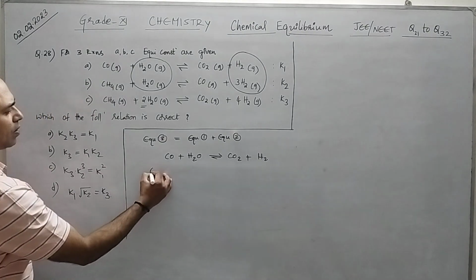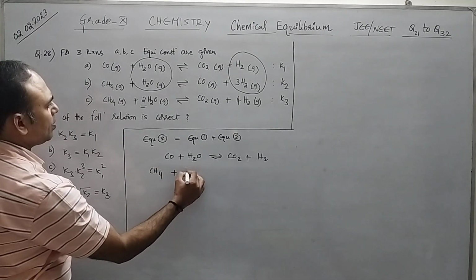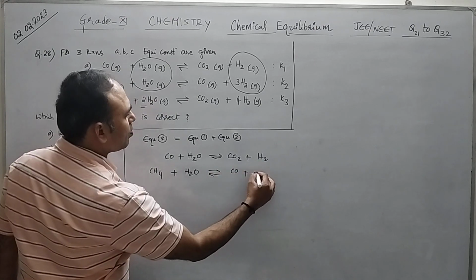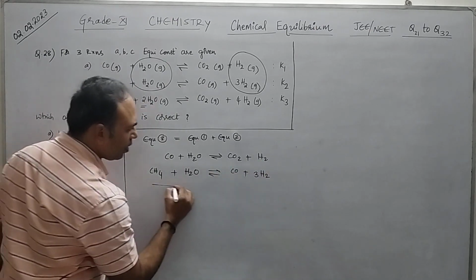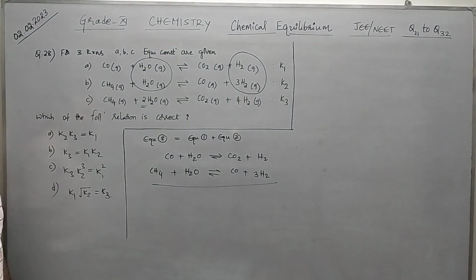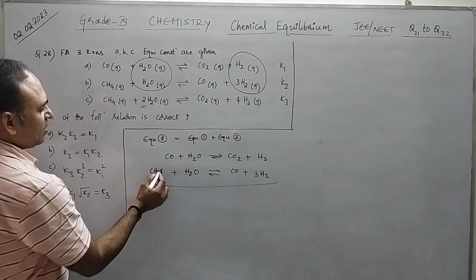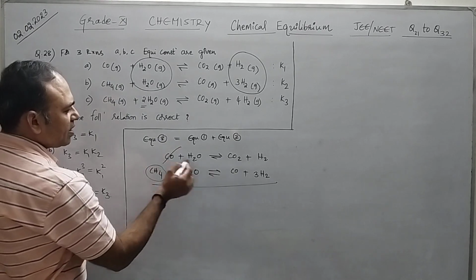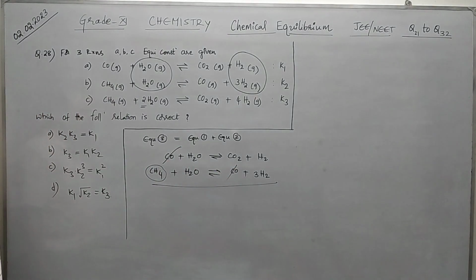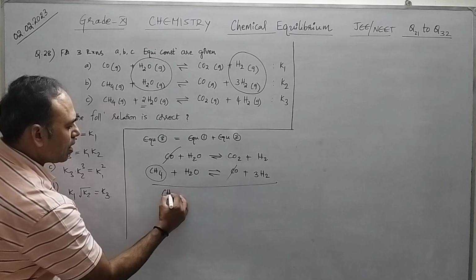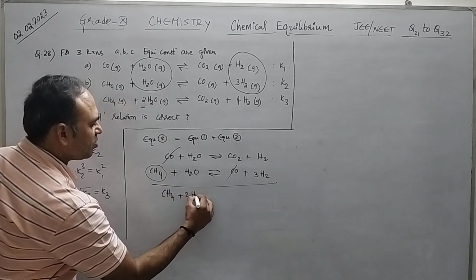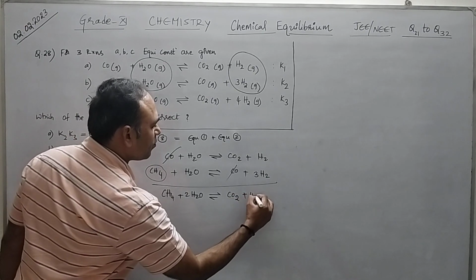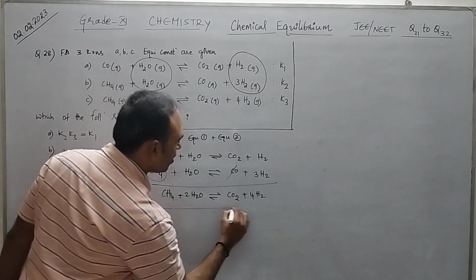Second one, CH4 plus H2O gives CO plus 3H2. Let us see if we get the same or not. What is required? CH4, circle that, then CO and CO get cancelled. So what we get? CH4 plus 2H2O gives CO2 plus 4H2. Hope you have understood this.